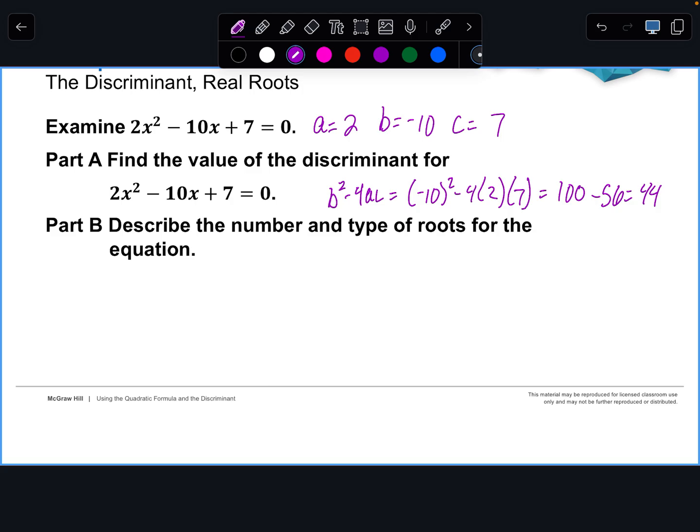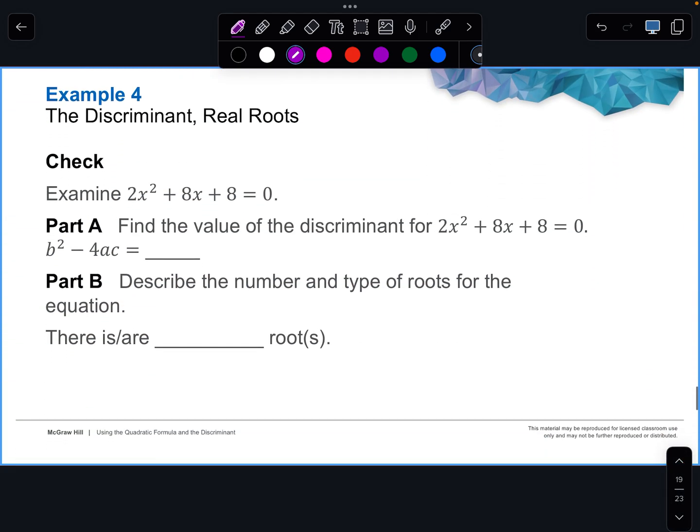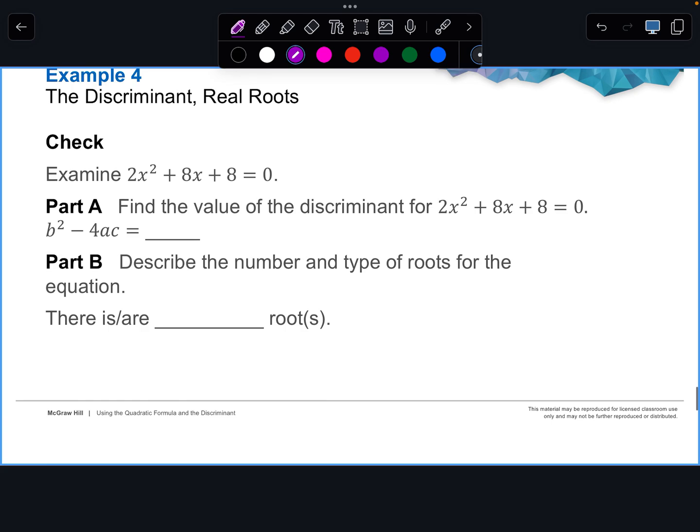So I have two irrational roots. Questions? Okay. Do this one on your own.